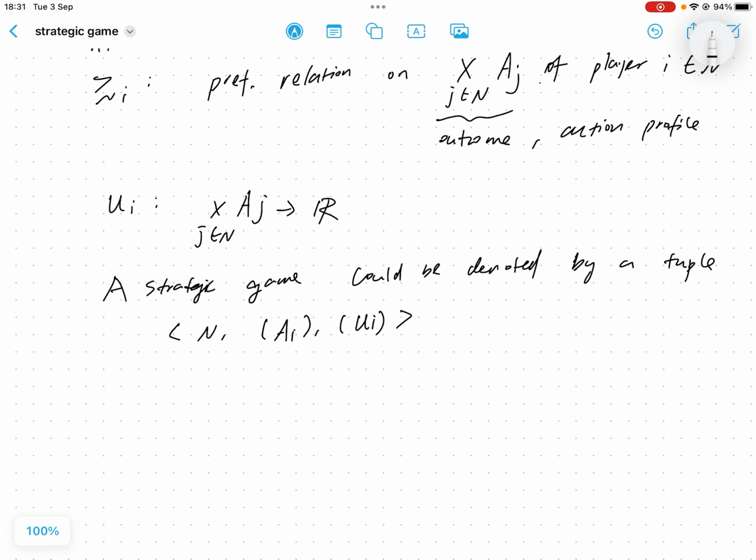That's essentially what the strategic game, or the simultaneous move game, means.